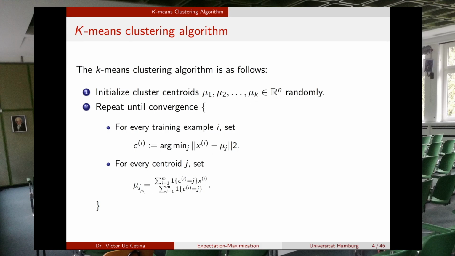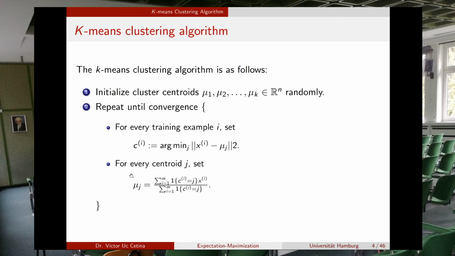In this step, you will take first centroid 1, and you will check how many of the total number of input vectors were assigned to cluster 1, to centroid 1, and you will compute the average of those vectors. So this is what this formula is saying. Compute the average of those vectors that were assigned to cluster 1. And you will do that for cluster 2, centroid 2, and centroid 3 in this example.